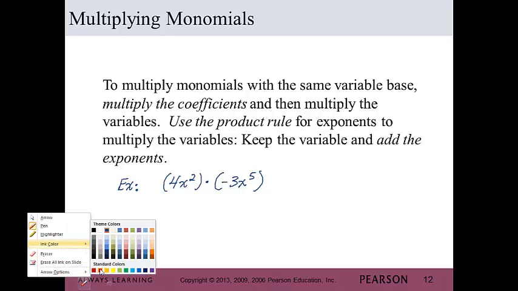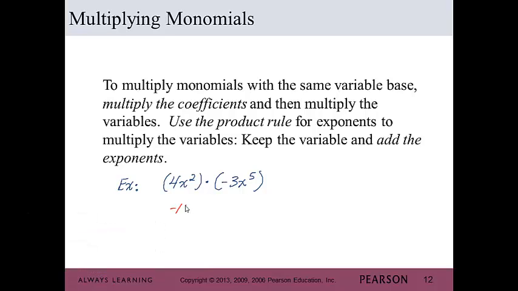So we're going to do 4 times negative 3, which is negative 12. And then you want to multiply your variables together. So x to the 2nd power times x to the 5th. Using the product rule, we're going to keep the x, and then we're going to add the exponents together. So 2 plus 5, which is 7. So this becomes negative 12x to the 7th power.